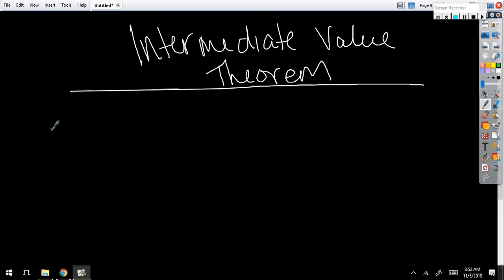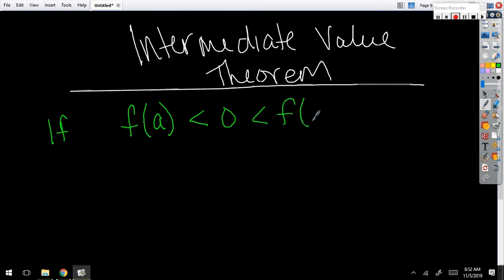If I have two values, if f of A and f of B, so if f of A is less than 0, that means f of A is what? Negative. Negative is less than 0, right? So f of A, which means the y value when I plug in A. And y'all might have seen this on the SAT this weekend. If the y value is negative when I plug in A, and then I plug in B and I get a positive value, okay?